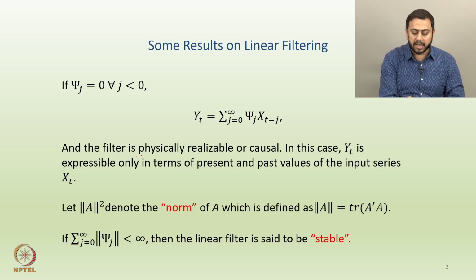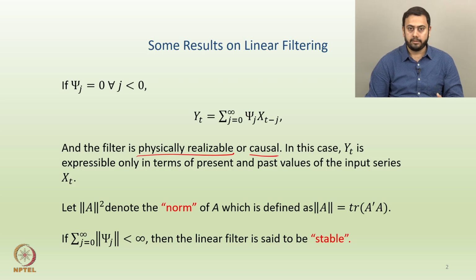These are some technical terms we put forward for the filter. In this case we call the filter physically realizable or causal, and y t is expressible only in terms of present or past values of the input series x t. And naturally so. If the summation is only running from 0 to infinity, and you put j to be 0, this becomes x t.